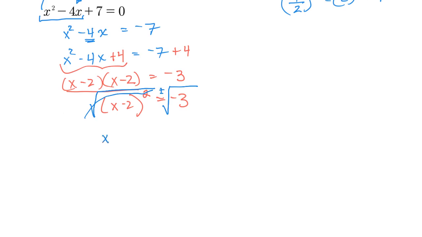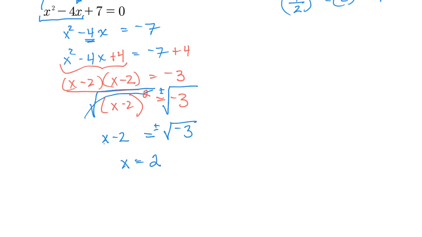So I have x minus 2 is equal to plus or minus the square root of negative 3. Now this is getting into complex numbers, which you've probably taken in another math course. I'm still trying to solve for x, so I'll need to add 2 to both sides. When I add 2 to the right side, we usually write it first, a positive 2.